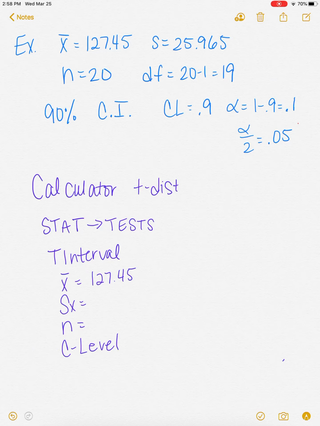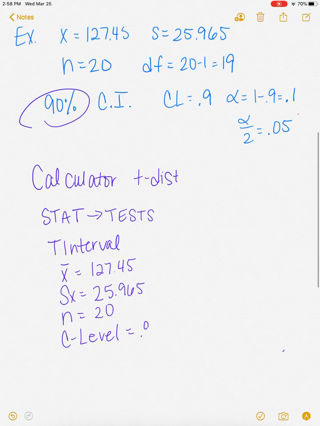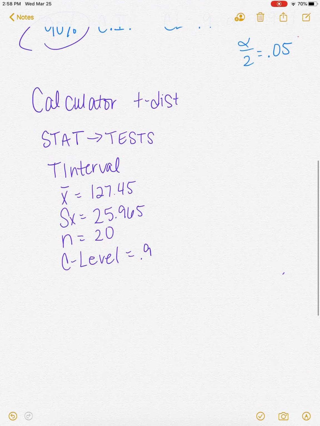Our standard deviation is 25.965. Our N is 20. And our confidence level is 90%, so we're going to say 0.9. We hit calculate once we enter all of that, and we should come up with an interval. Mine is 117.41 and 137.49.